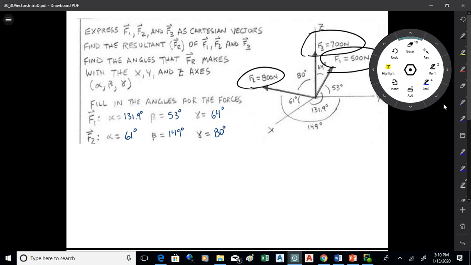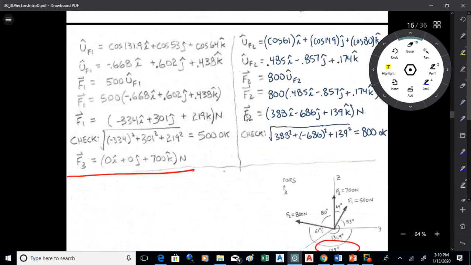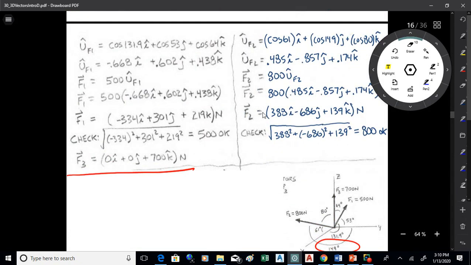The process basically is like that. You look at the angle that the vector makes with the three axes. You take the cosine of the angles with the x, y, and z axes. That gets you the unit vector. You then factor that vector up by the magnitude of the force. That gets you the force vector. That's how you take a 3D vector with angles and a magnitude and turn it into a force vector.